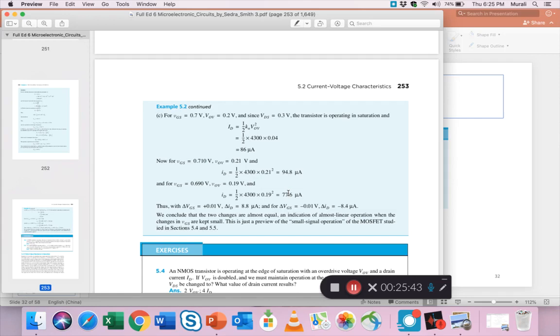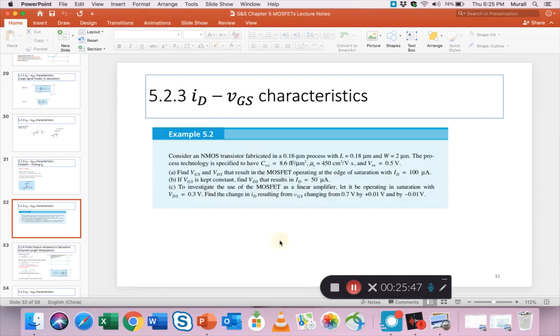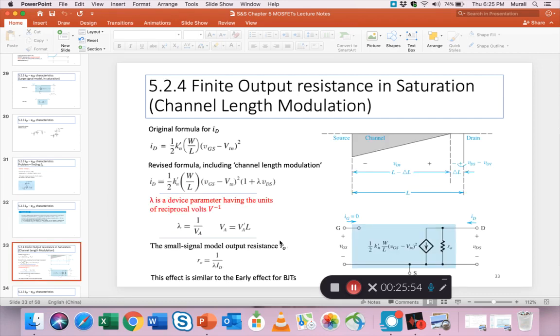Okay, all right, so that was that problem on slide 32, example 5.2. Let's keep moving. Now we talk about channel length modulation, where I put in some new material compared to what we did last time. I realized I missed a couple of formulas.